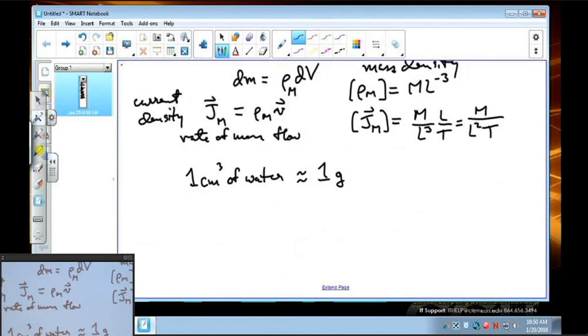Okay? So we could also talk about just J of the volume itself, which is just the velocity. So in that case, how fast is the volume moving? And so in that case, J is a volume per volume times a velocity.